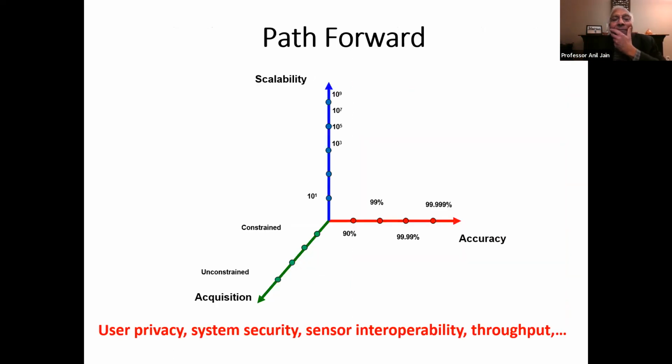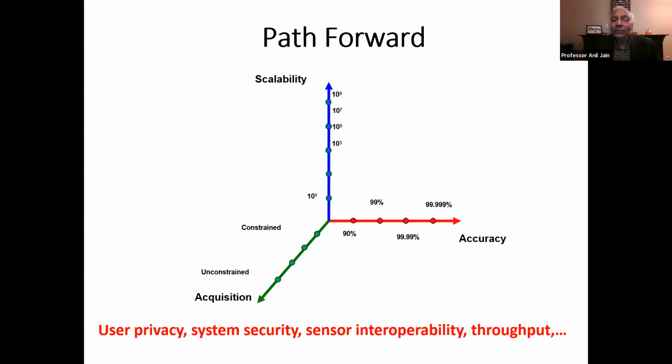Next slide, please. So then the path forward, there are 3 things which are very important. Scalability: how do we scale up the system? Accuracy: how do we keep on increasing the accuracy of the system? And thirdly, acquisition: are we obtaining fingerprints in a constrained or unconstrained environment? Constrained is when you are sitting in front of an officer providing your fingerprints.